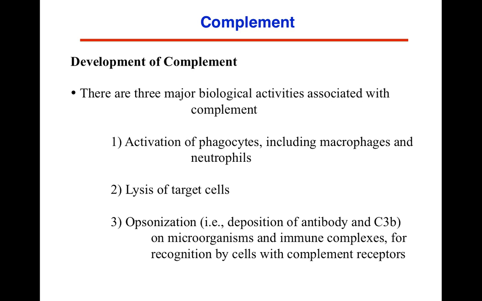So this type of immune mechanism is referred to as complement. It's referred to that because it complements the other types of immunity that you have. It's a complementary process.